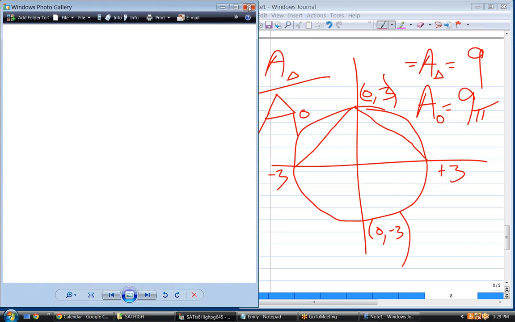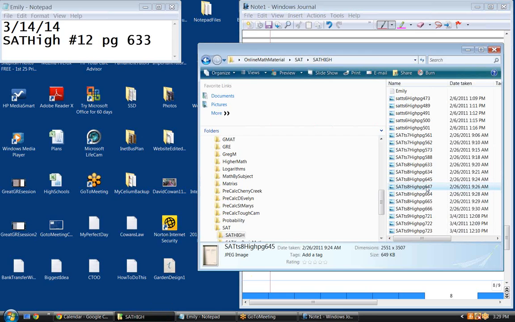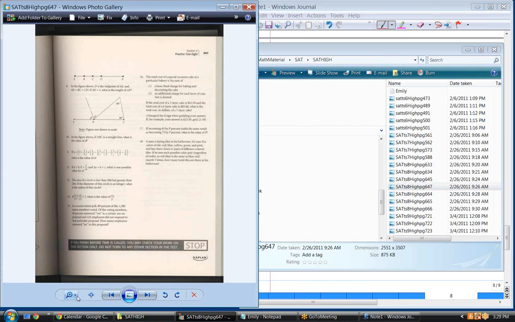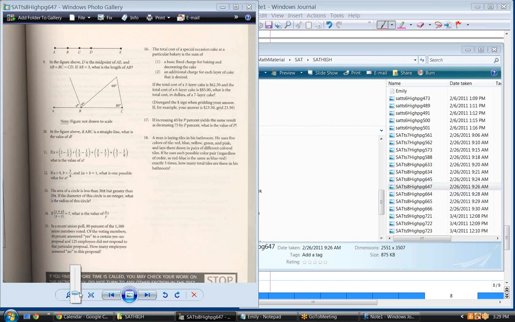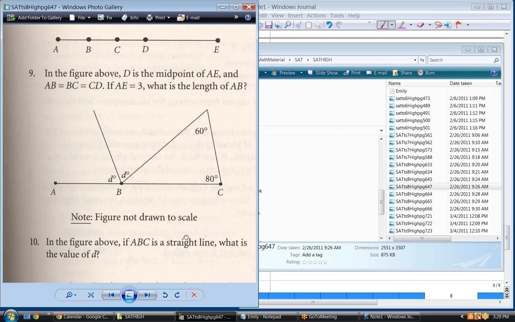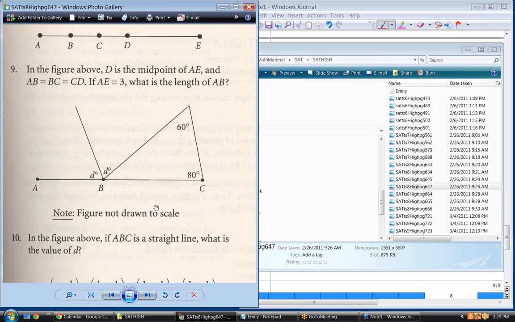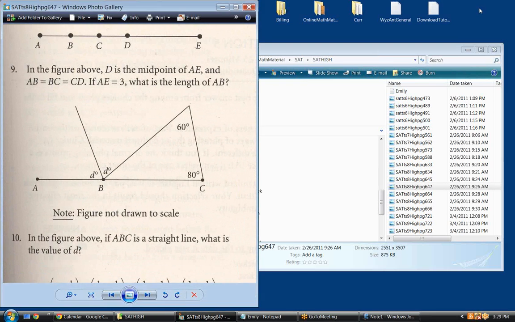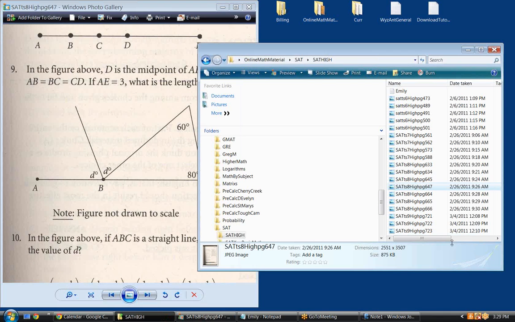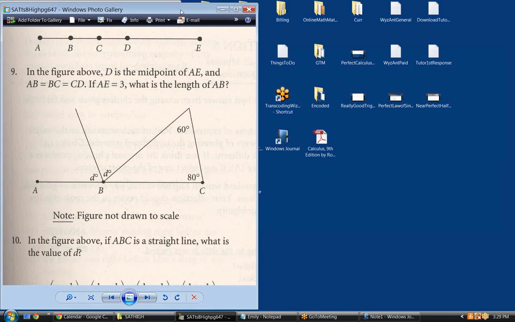All right, looks like I've got to go to a different page. When do you take this test? Not till the... Oh, it's not in the spring? Hey Mom, when am I going to take these SATs? June 7th. I'm taking it June 7th. Okay, I was just wondering whether we're going to run out of high degree of difficulty problems, and we probably will, but I can always find more, I guess.